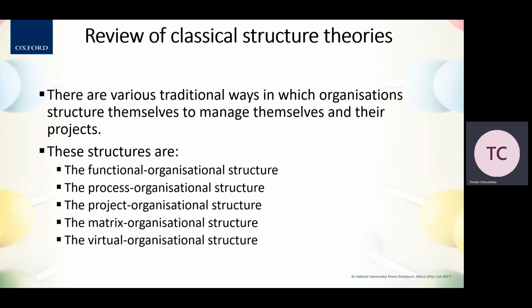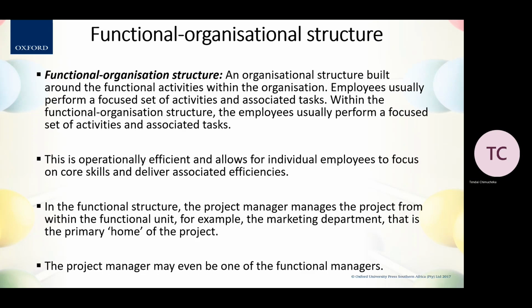Then we also have a matrix organizational structure, which combines some of those structures. And there is now what is known as the virtual organizational structure. It would have been difficult to explain the virtual structure before 2019, but now the term virtual has become common knowledge. So these are explained briefly.